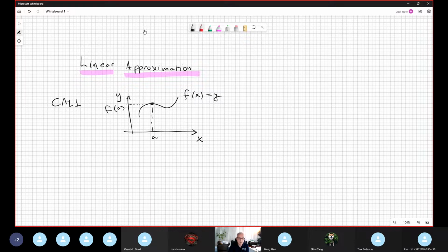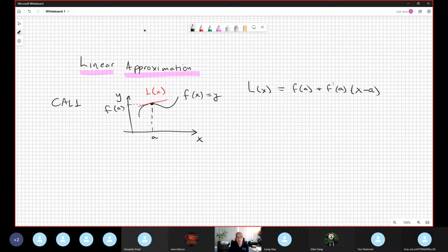So we are doing, for example, a linear approximation. The linear approximation L of x is very close to the function, specifically in the neighborhood of the point that you want to analyze. The formula that we studied in Cal 1 is: linear approximation equals f of a plus f prime of a multiplied by x minus a.